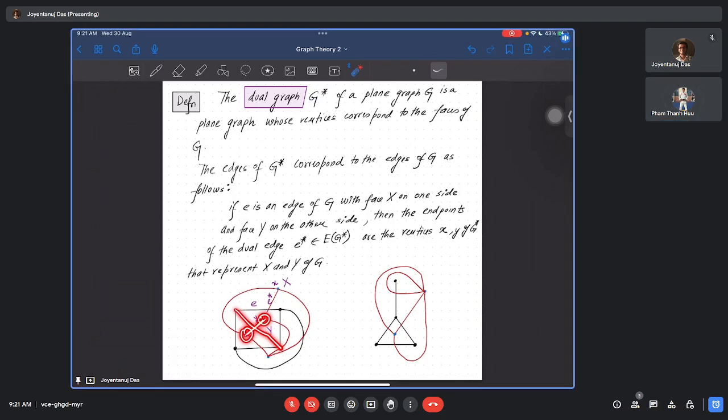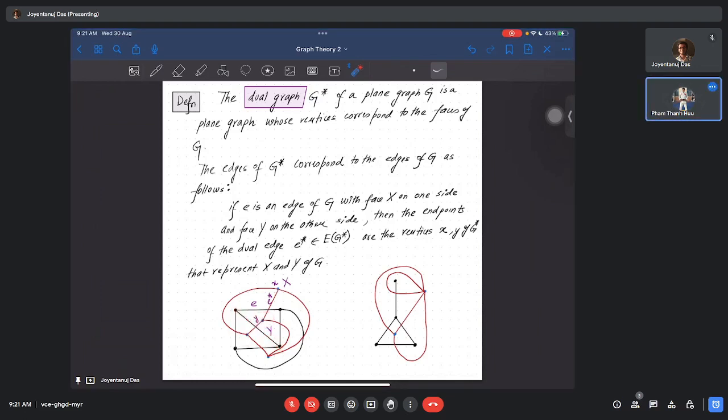So there should be an edge connecting these two vertices. It's okay.